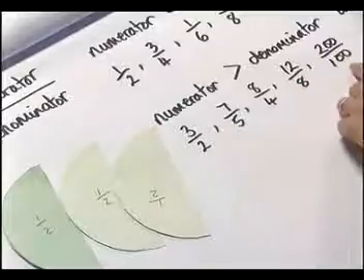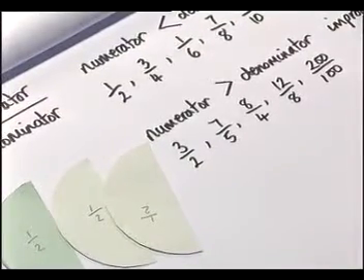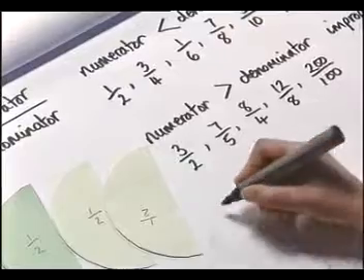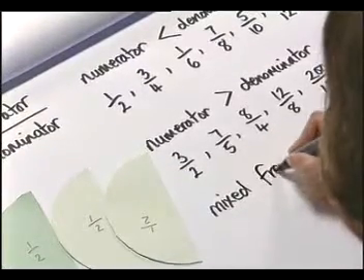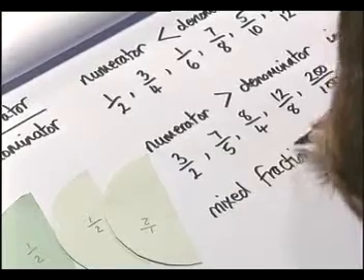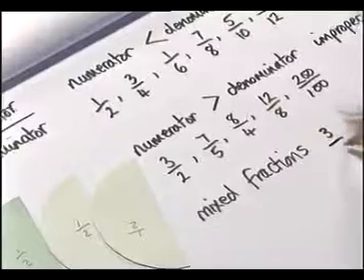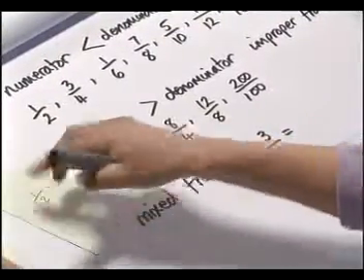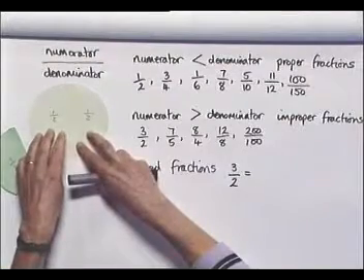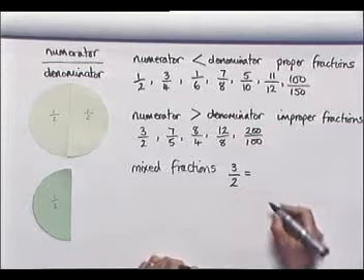Now, improper fractions can be written in this form, or they can be written as mixed fractions. So let's have a look at our 3/2. What we can do is put 2 halves together to make the whole one, and we've got 1/2 left over.